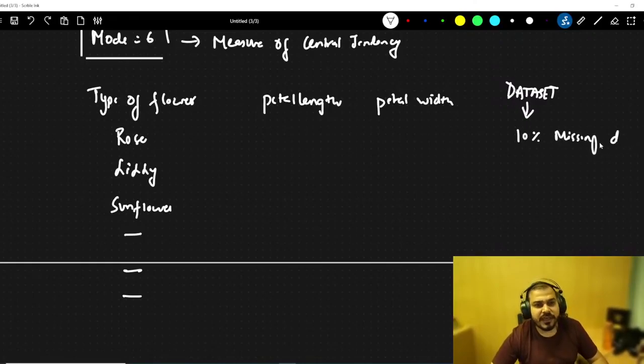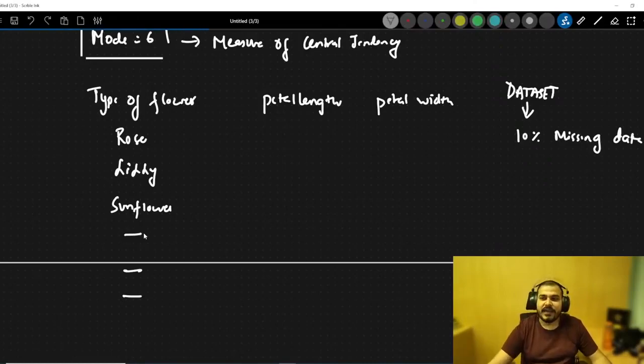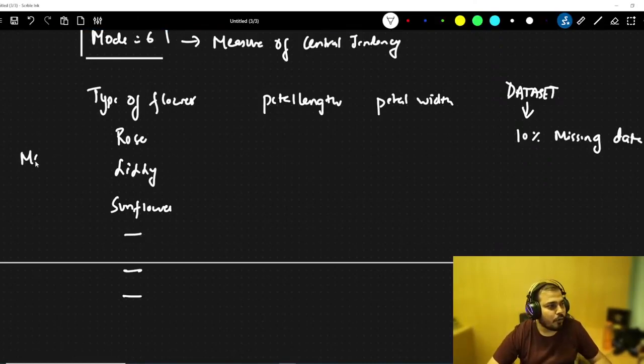Now, what do you think? In order to handle these missing values, which technique can I use from mean, median, mode? Don't you think I can definitely use mode over here? Because the most frequently occurring flower can be used to replace the missing value.